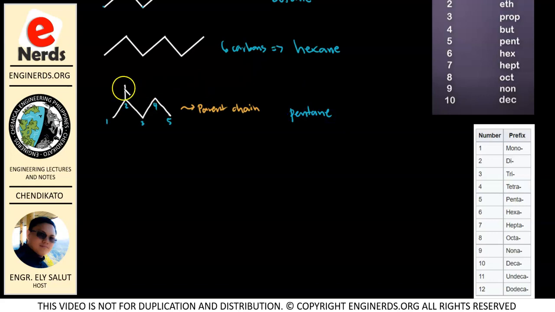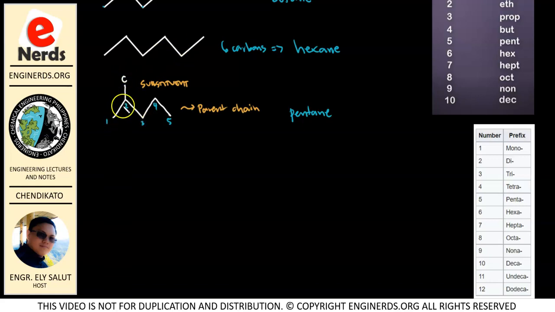Kaya lang, meron pa tayong another branch here. So, if we call this as parent chain, we actually called this one as substituent, okay? So, this is our substituent. Okay, so we have another end here, so therefore, we have another carbon there, no? So, let us write carbons here.